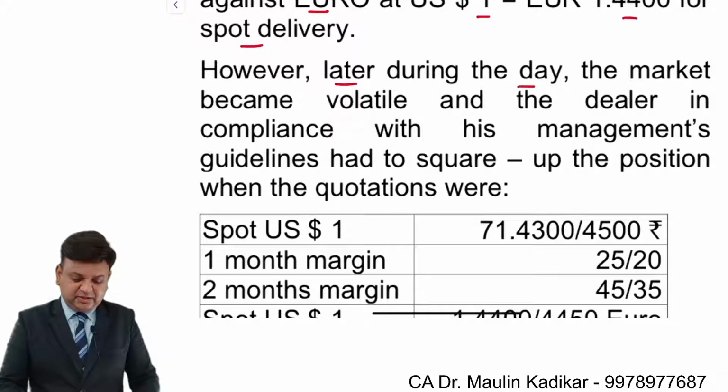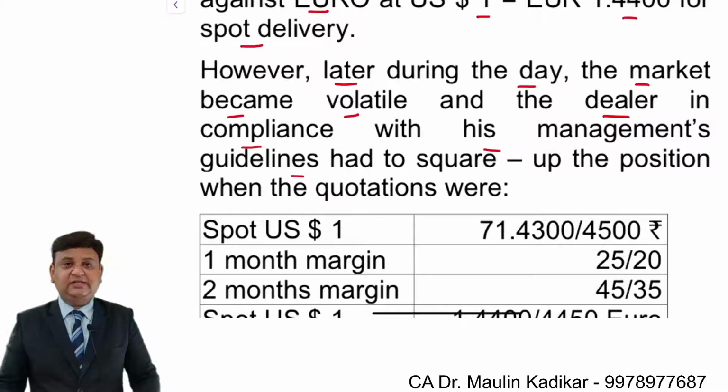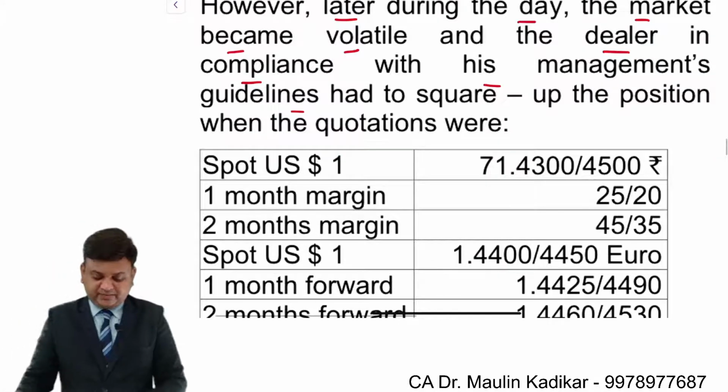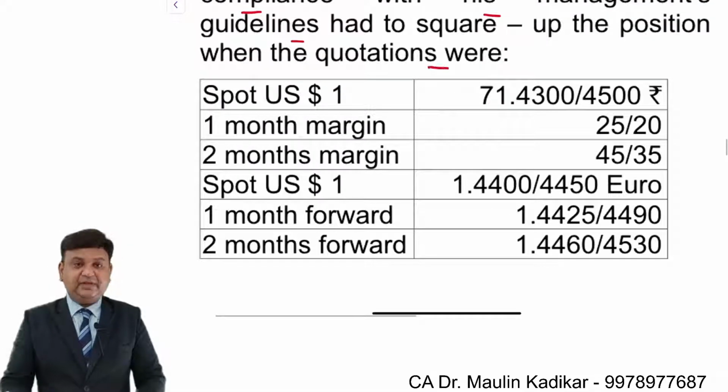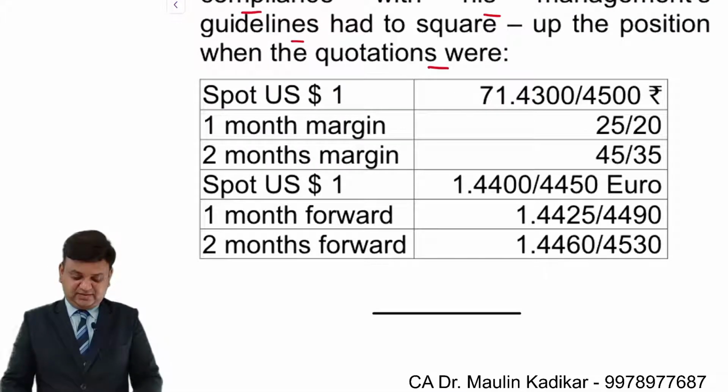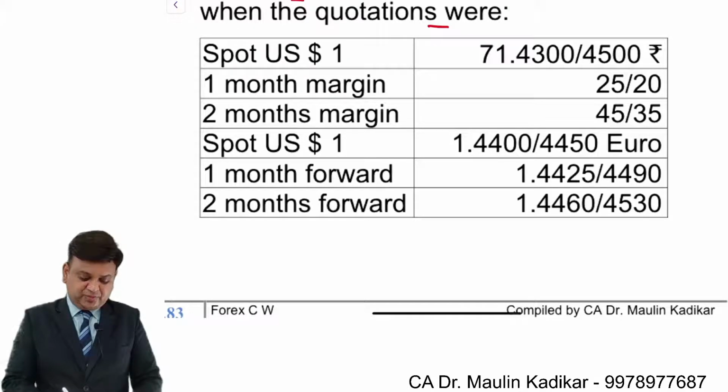However, later during the day, market became volatile and the dealer, in compliance with his management guidelines, had to square up the position when the quotations were as under. Spot exchange rate rupees per dollar is given. 1 month margin.